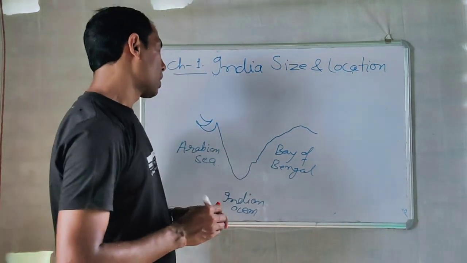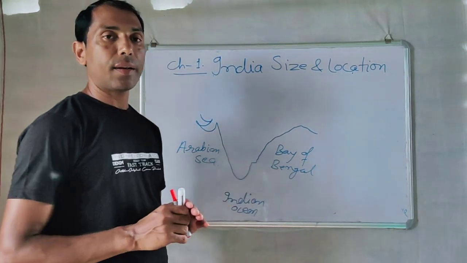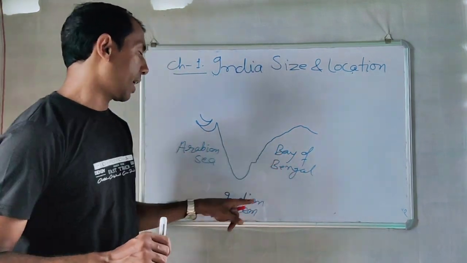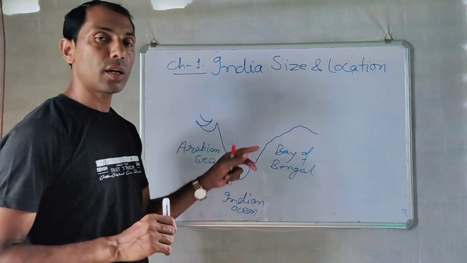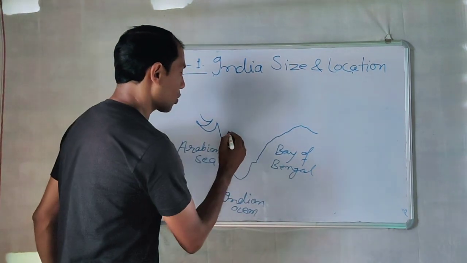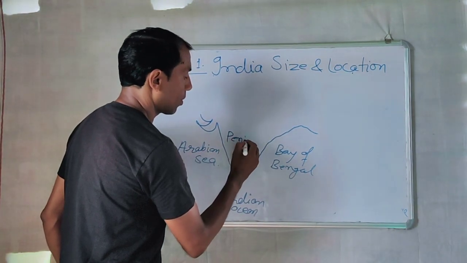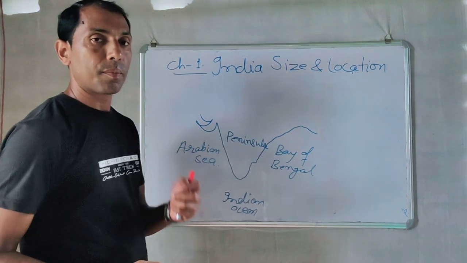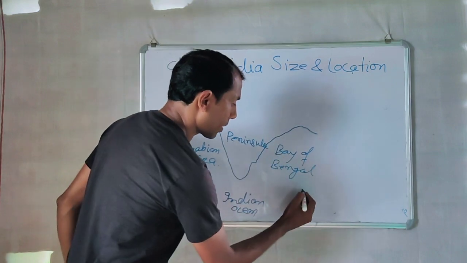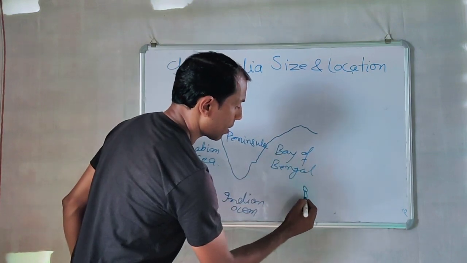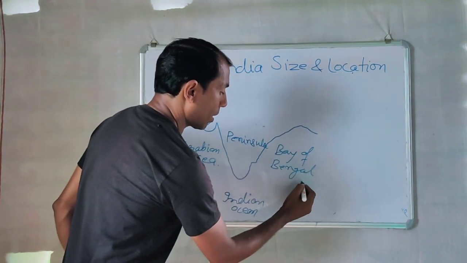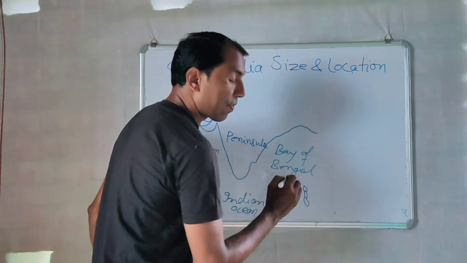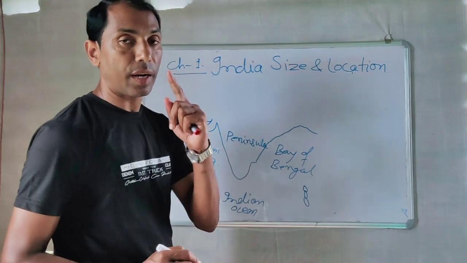I told you the part of land which is surrounded by water from three sides is called a peninsula. But there is something called an island.